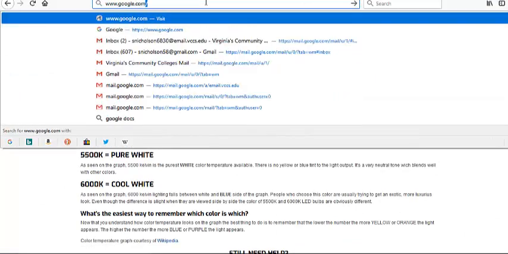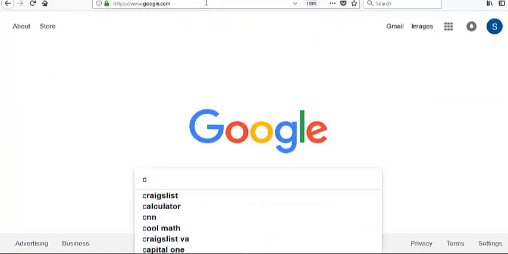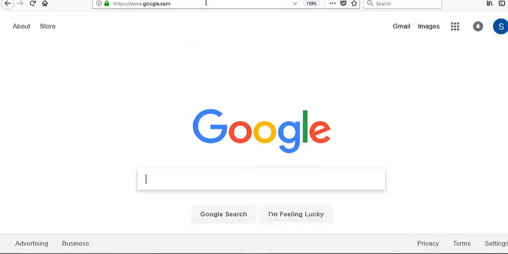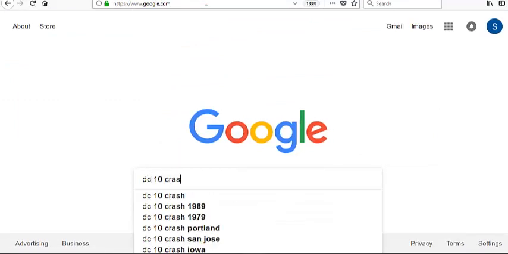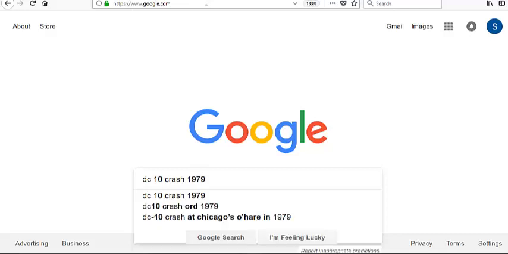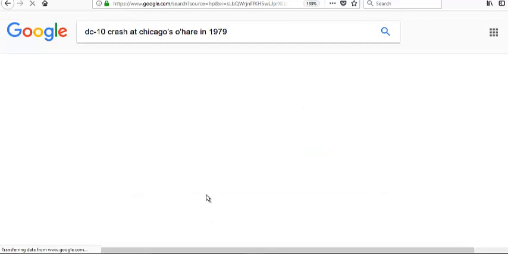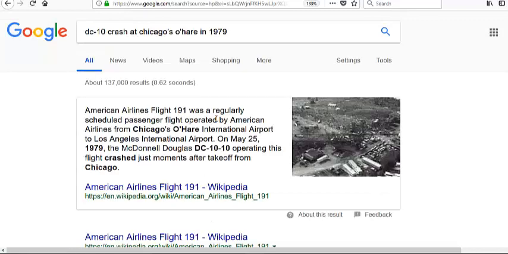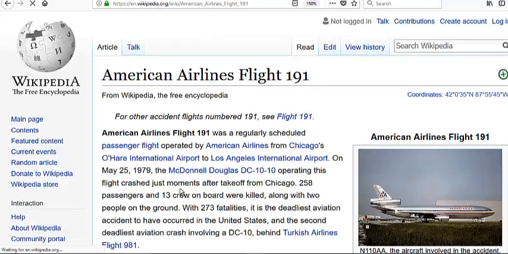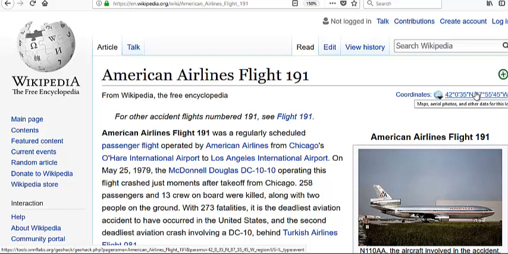So Google, it's either Chicago or Cleveland. DC-10 crash 1979. There we go. That's the one. Chicago. Okay. So let's read about this. On May 25th, 1979, the McDonnell Douglas, so I graduated from college June 1979.